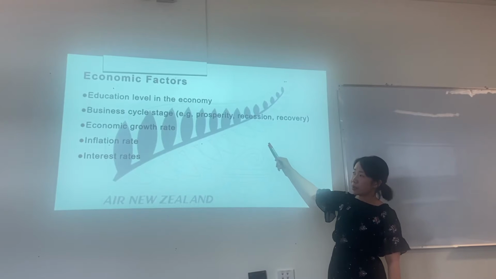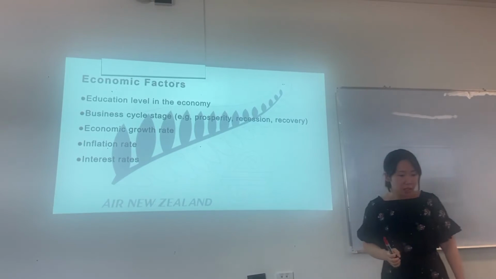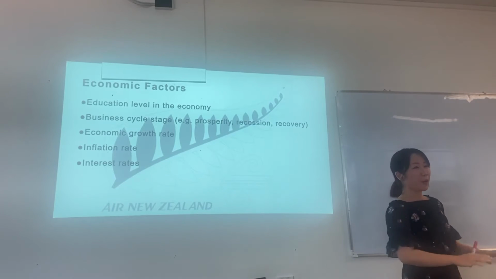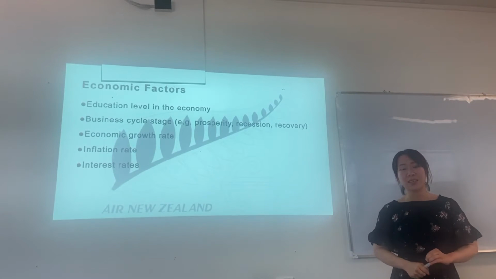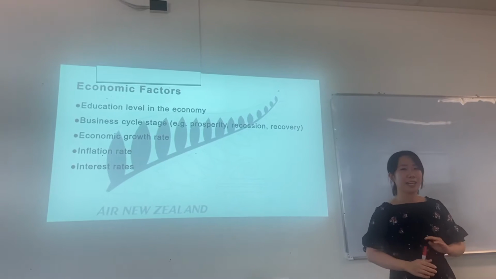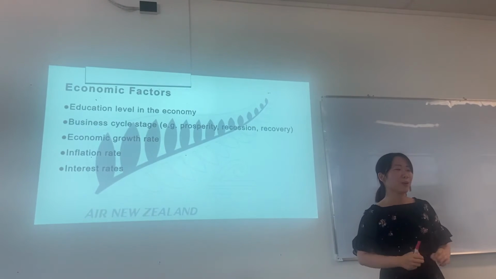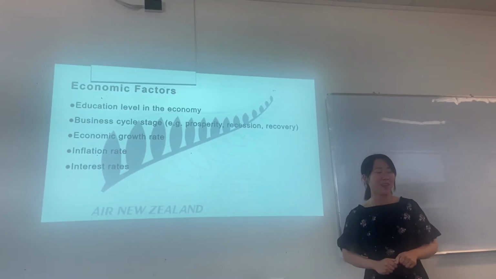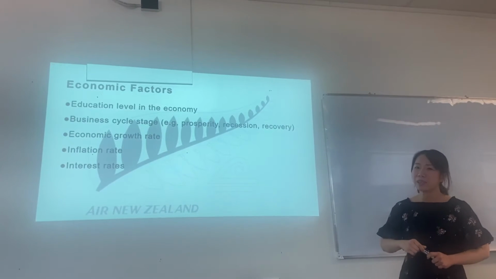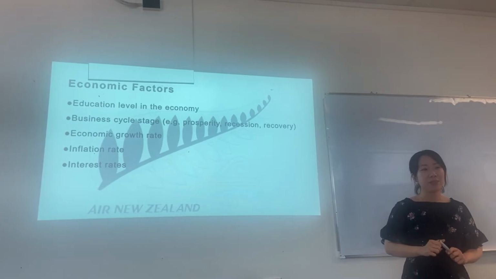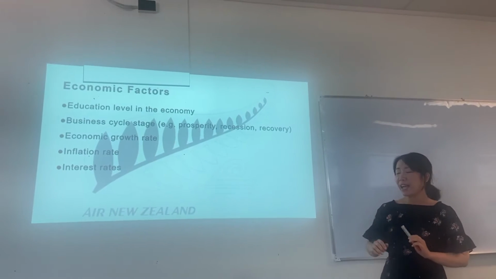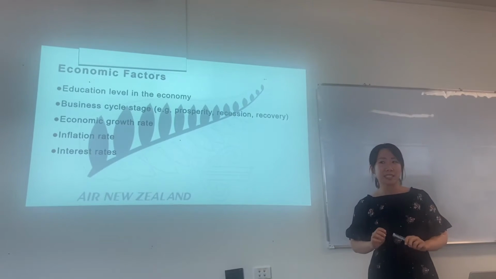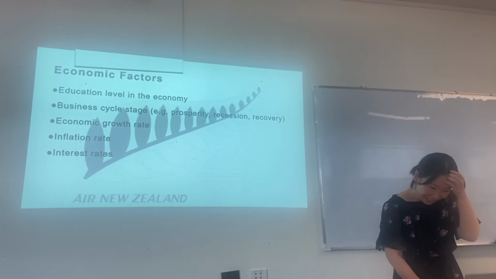I'm going to explain inflation rate here, because I just want to give you an example. Like 10 years ago, Air New Zealand sold a ticket for around $30. Do you think it's also available today? So it must not be. So the companies should evaluate the inflation rate and conduct their pricing.